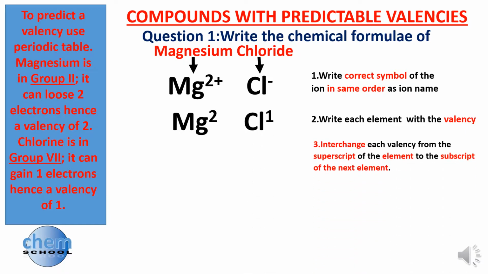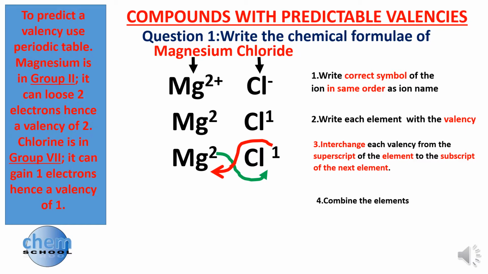From there, interchange each valency from the superscript of one of the elements to the subscript of the next element, following the arrows as shown in this slide. From there, combine the elements.